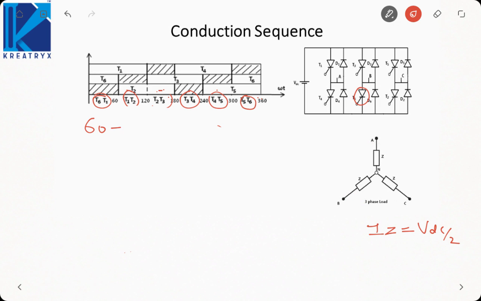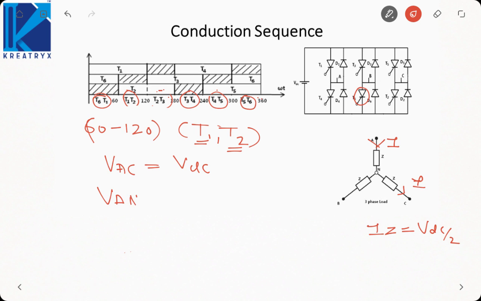From 60 up to 120, which devices are conducting? T1 and T2. Since T1 and T2 are conducting, T1 is from upper group, T2 is from lower group. T1 will take the current to the load, while T2 will bring the current back from the load. Current will go in here and T2 will bring the current back. T2 is connected to C phase, it will bring the current back, that is I. Now, VAC will be equal to VDC.